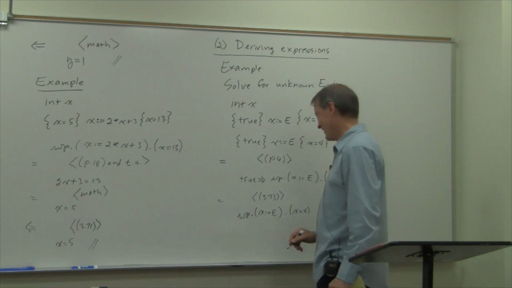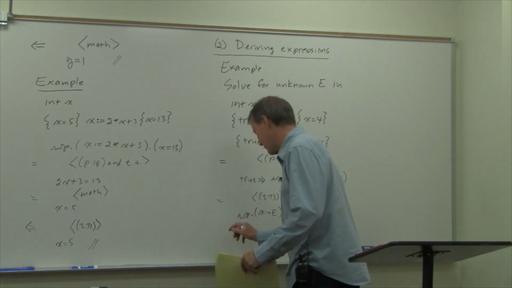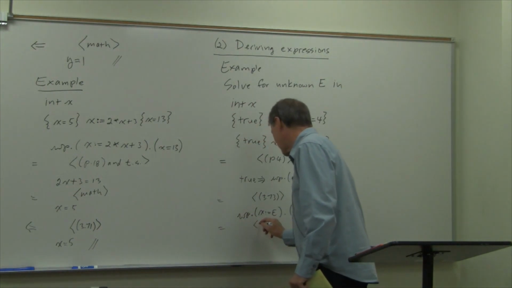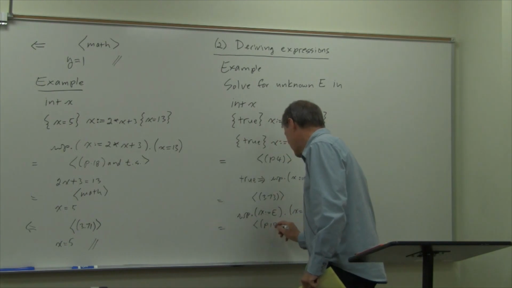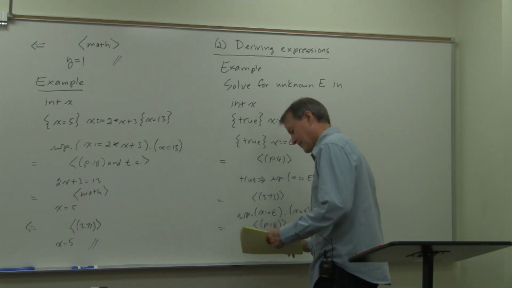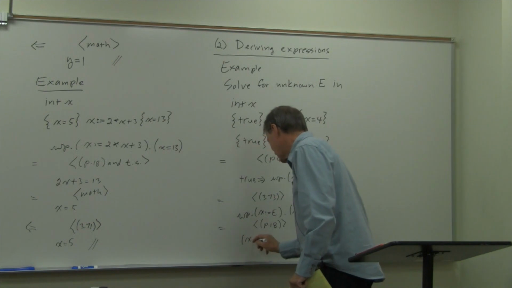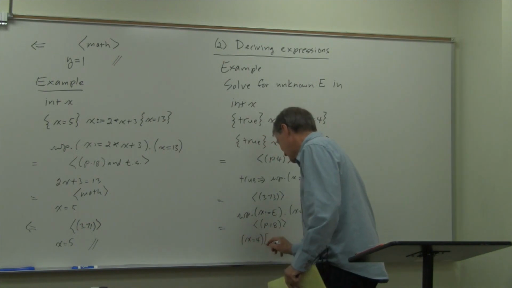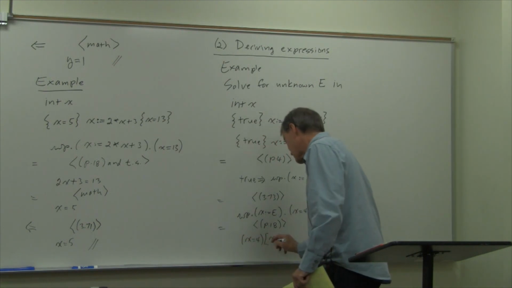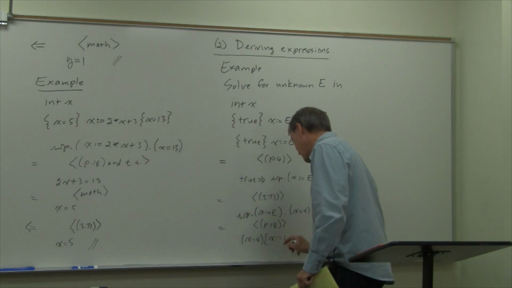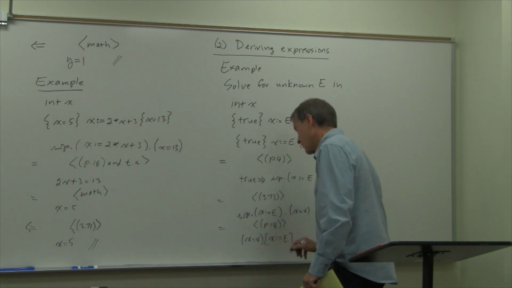Okay, so this equals, by the assignment rule, x equals 4 with x replaced by E. So E equals 4.